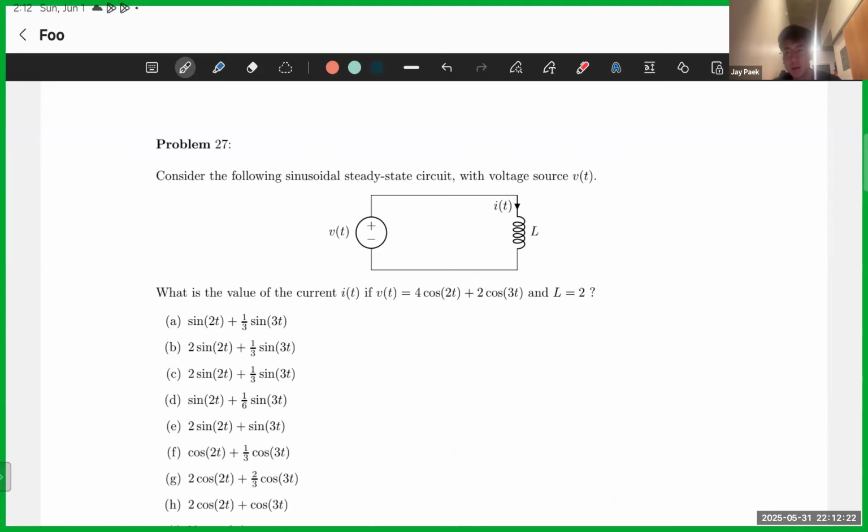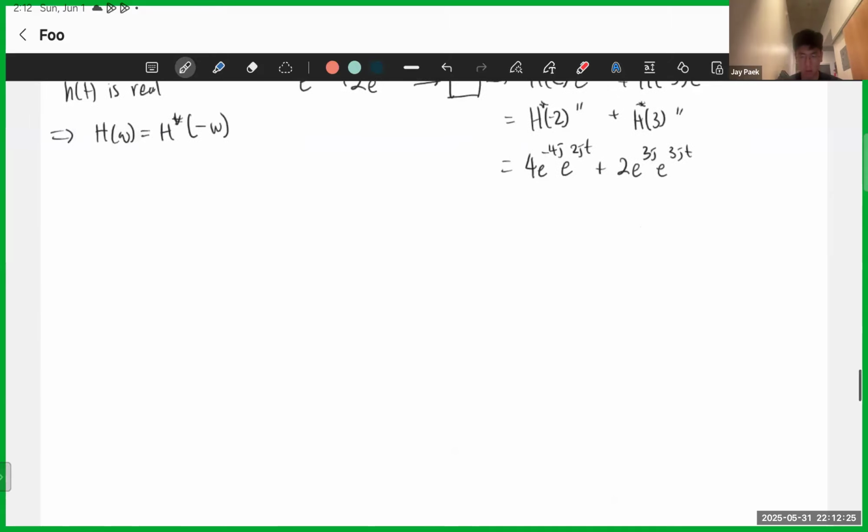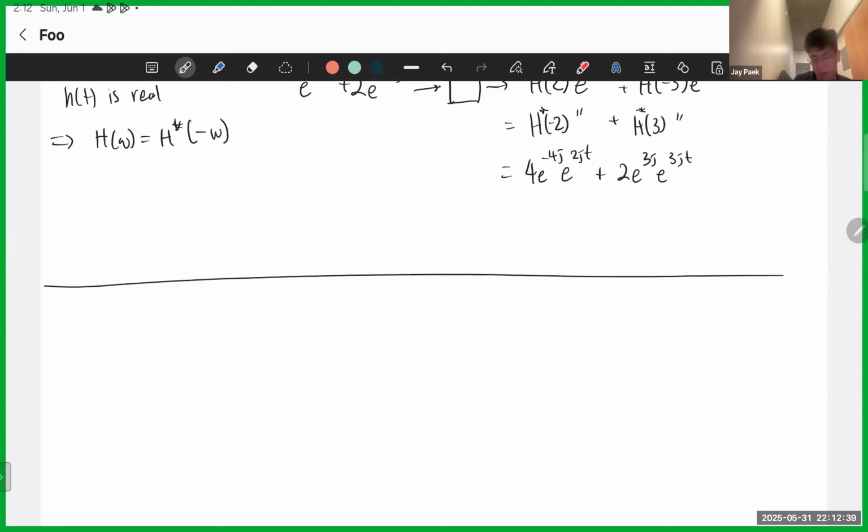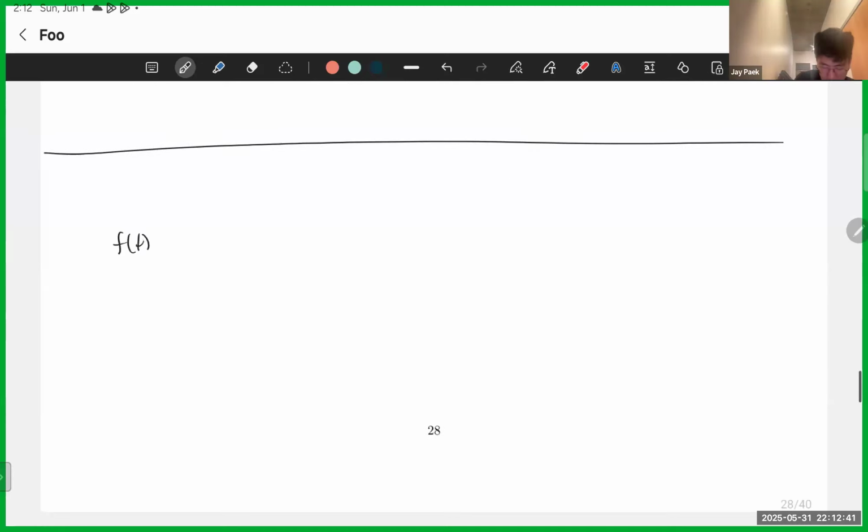And what are even and real functions? Even functions are functions such that f of t is even and is defined to be when f of t is equal to f of negative t for all t in R. It's just symmetric.